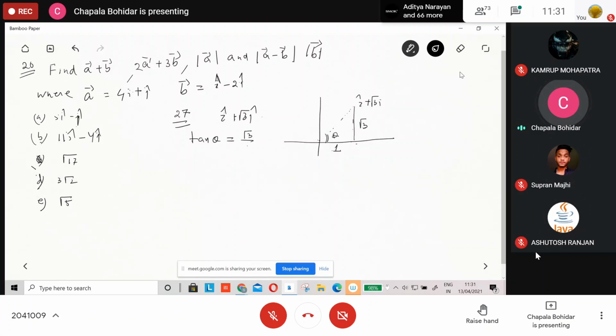Root 3 by 1, so we say it is root 3. So theta is equal to, you have calculator, tan inverse root 3. Tan how much? 60. Yes, it is 60 degree.